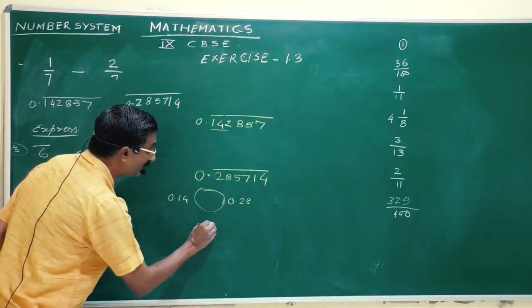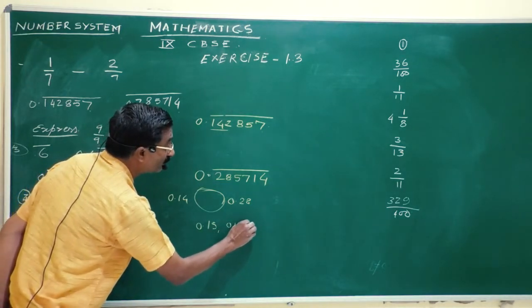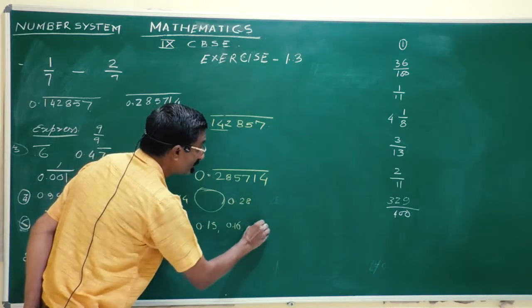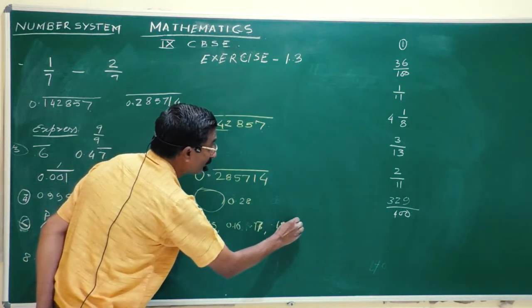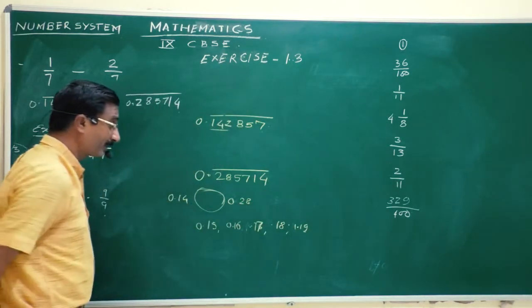That is, 0.15 is there, 0.16 is there, 0.17 is there, 0.18 is there, 0.19 is there. Clear?